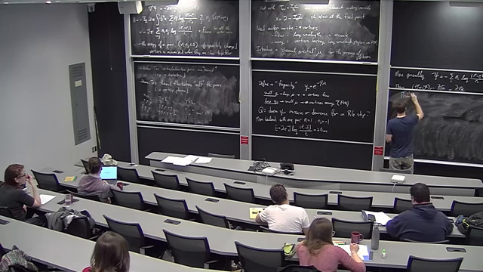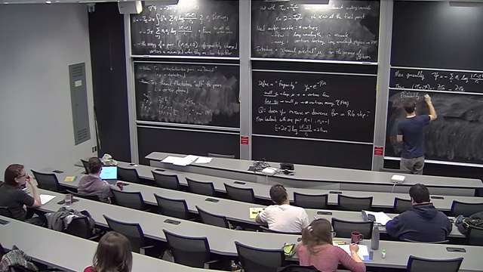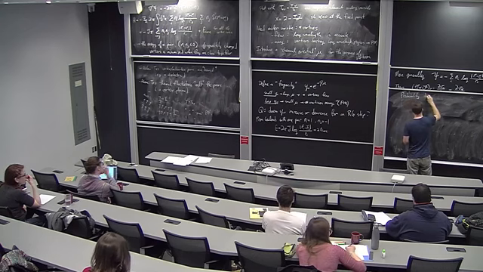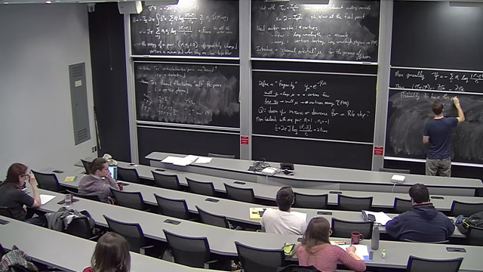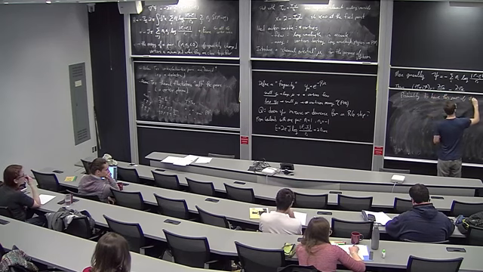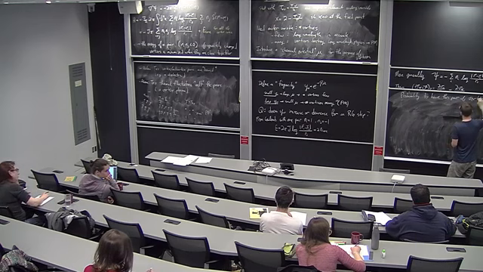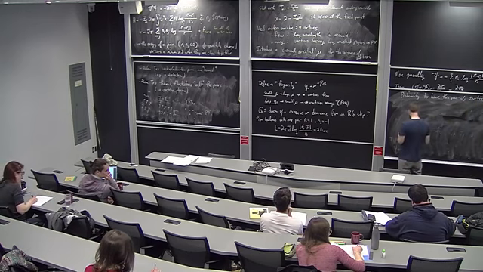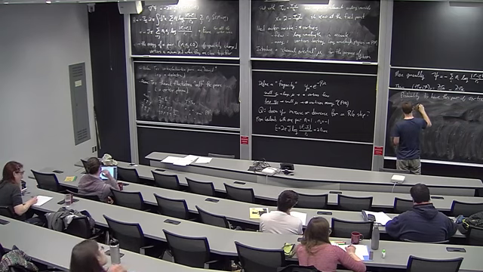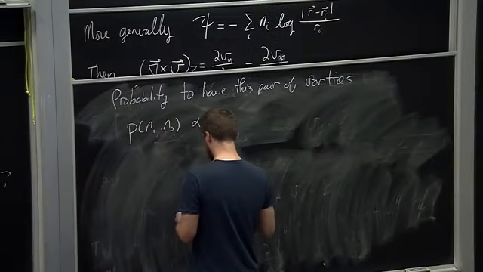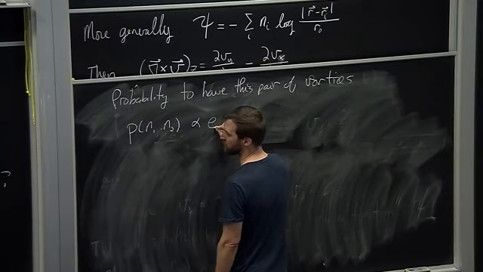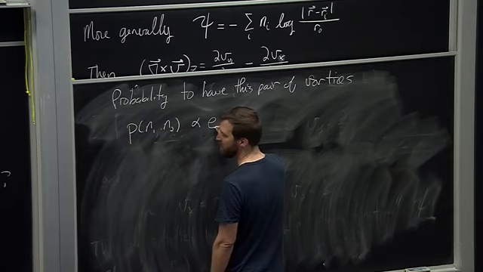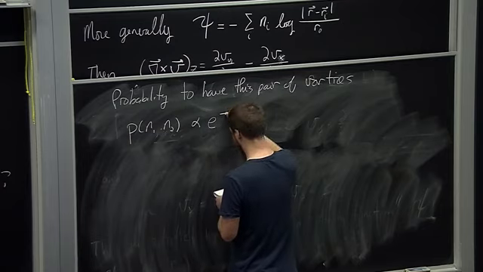Statistically, I'll call it P(n1, n2). There are 2 fugacities, 2 vortices.